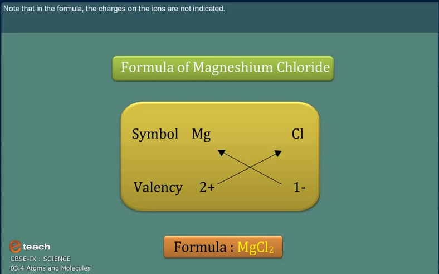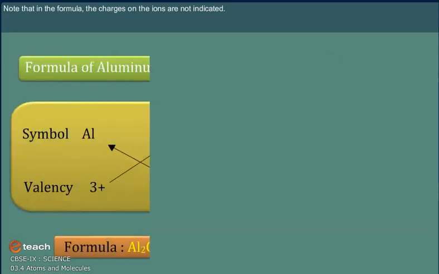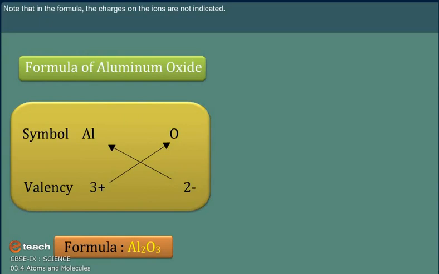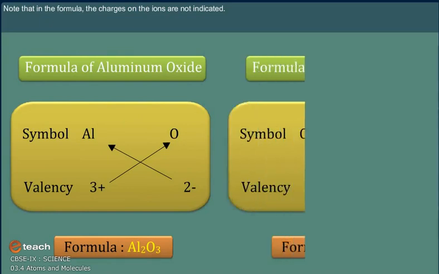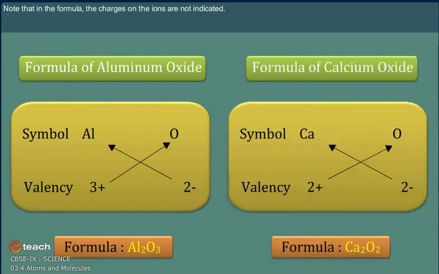Note that in the formula, the charges on the ions are not indicated. Some more examples. A. Formula of aluminium oxide. Formula is Al2O3. B. Formula for calcium oxide. Here, the valencies of the two elements are the same.